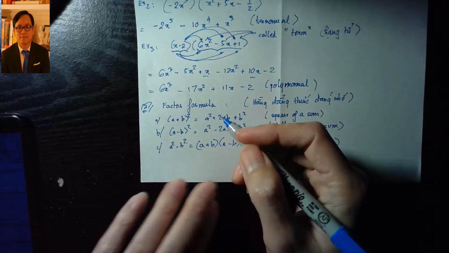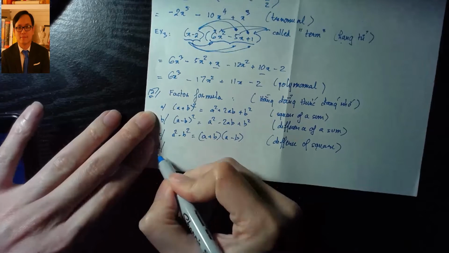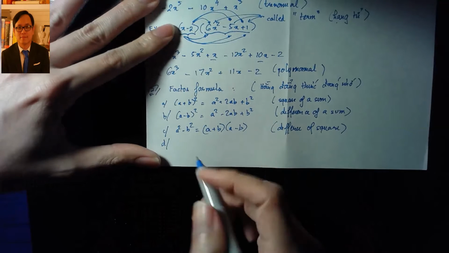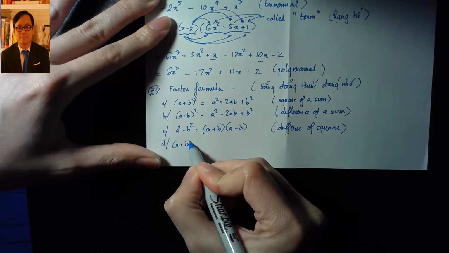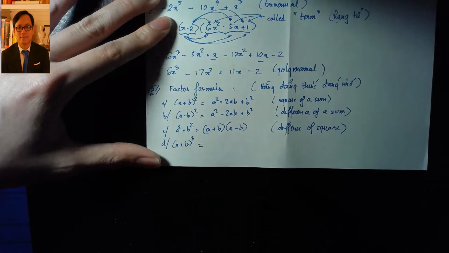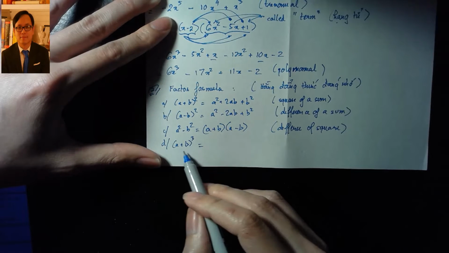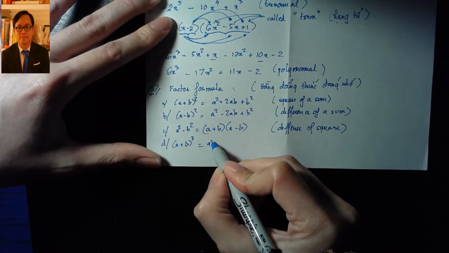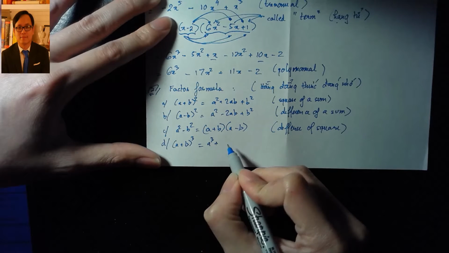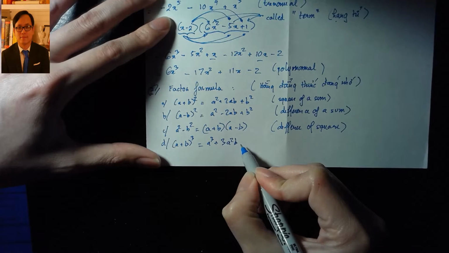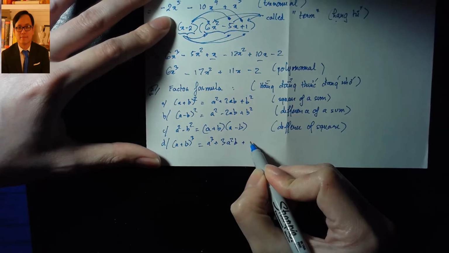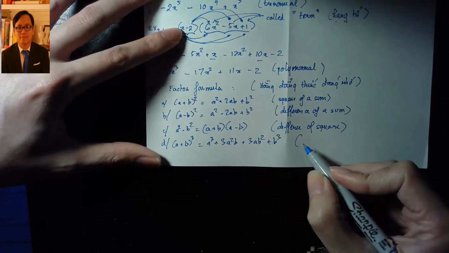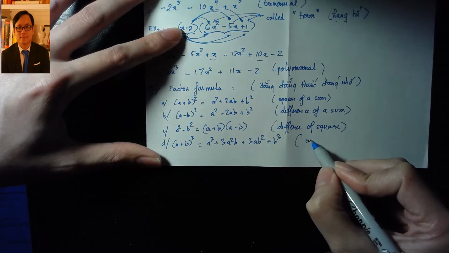The fourth one is a plus b cubed, and this one can be expanded to a cubed plus 3a squared b plus 3ab squared plus b cubed, and this is called cube of the sum.